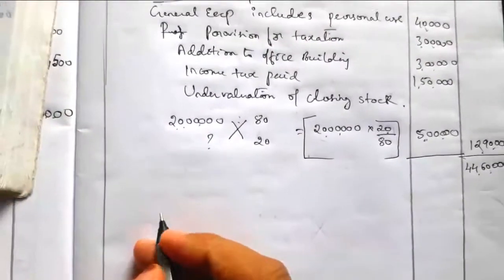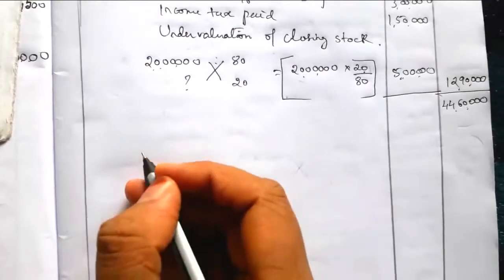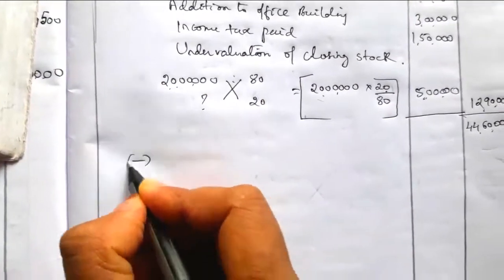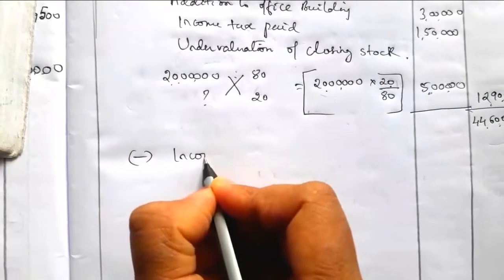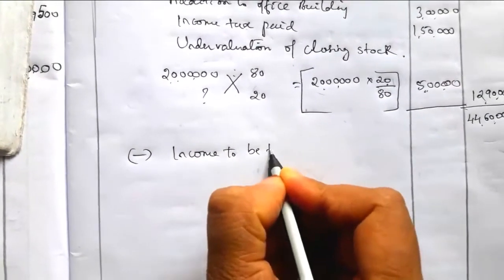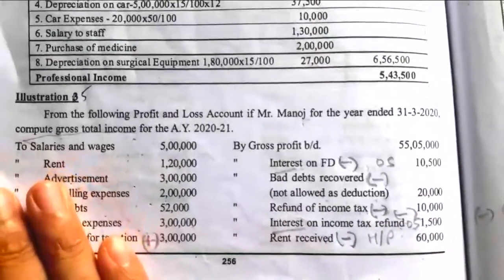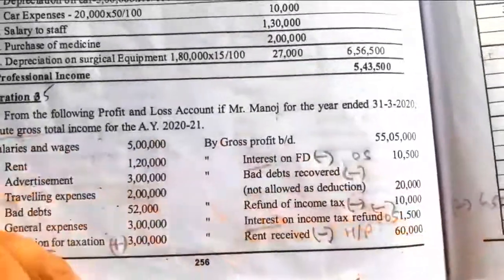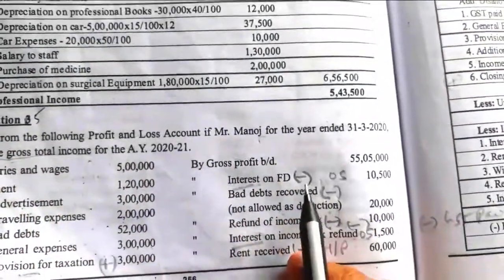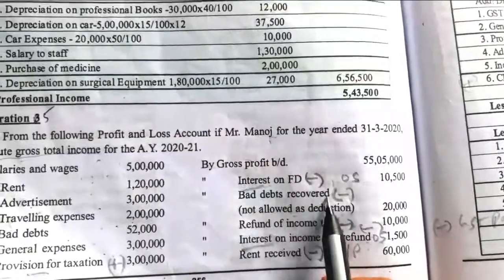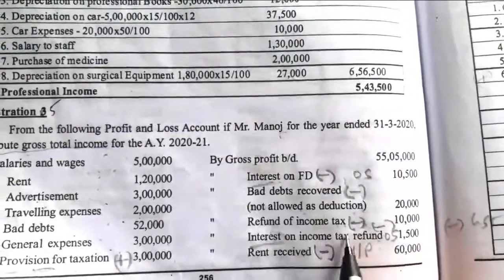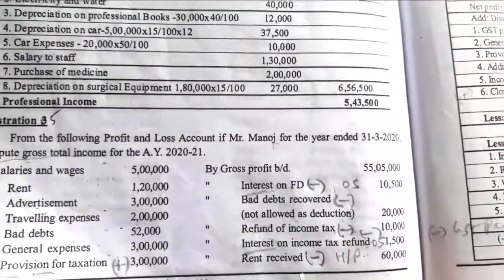Next we will take less income to be treated separately. Now see on the credit side, we have to take all the income which should be deducted, taken separately: interest on FD, bad debt recovered, refund of income tax, interest on income tax refund, rent received and the winning from lottery.